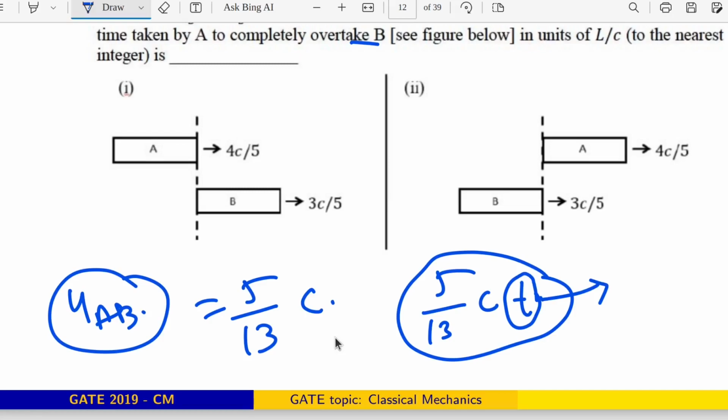First of all, one length is the full length of B, because you can see from the picture that in the first figure the starting point is here, and in the second figure the last point is this one.